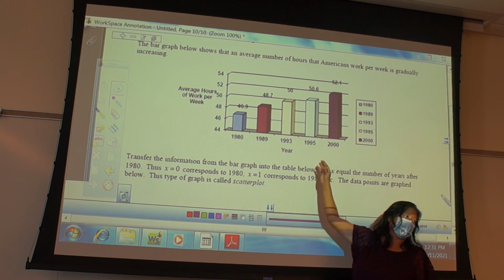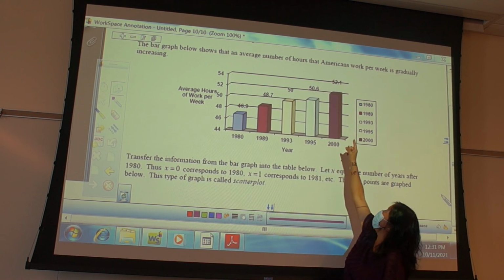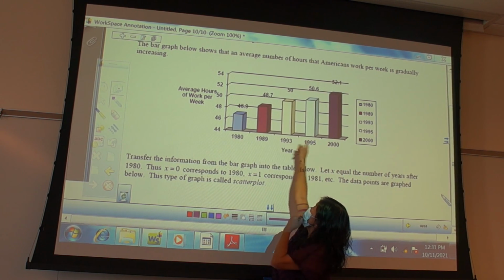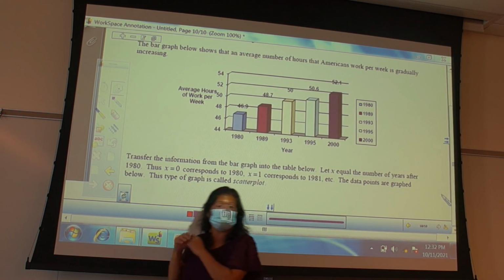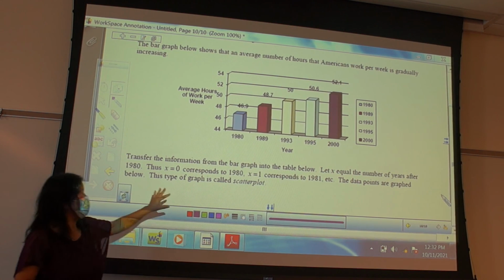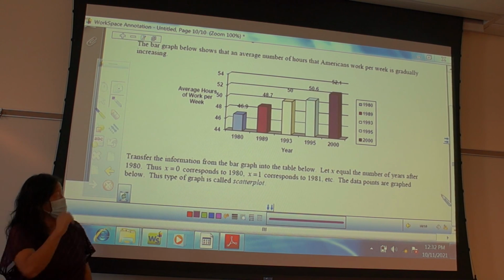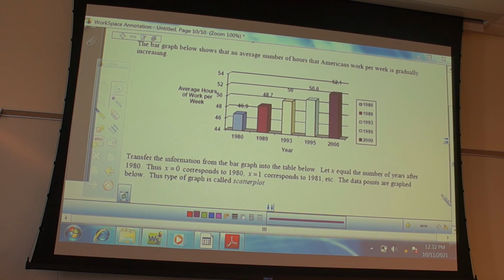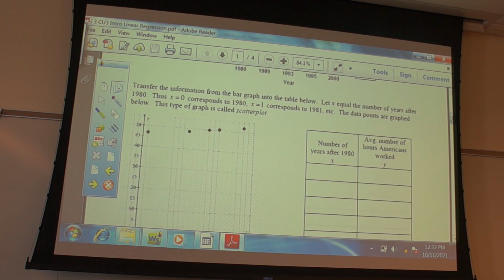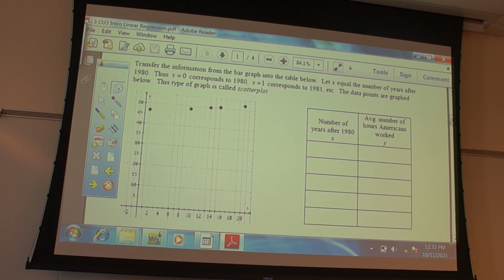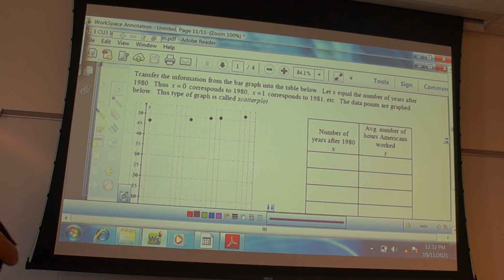I want you to figure out what these numbers are and write them in, find your X's, and then the Y's are written above. Can you guys see those at the top? Write them into that table below. At home, write them in the table below, pause until you do that, and then come back.